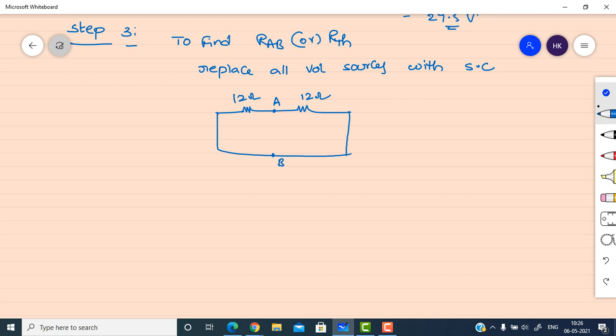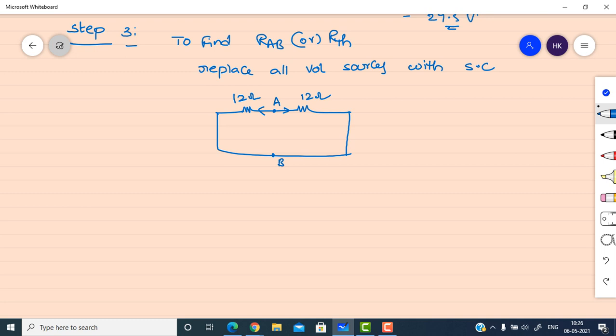You have to find out between A and B. If you make it a series, you are removing this terminal between A and B. From A point the current will flow like this and one current will flow like this, meaning the current is dividing at this point.